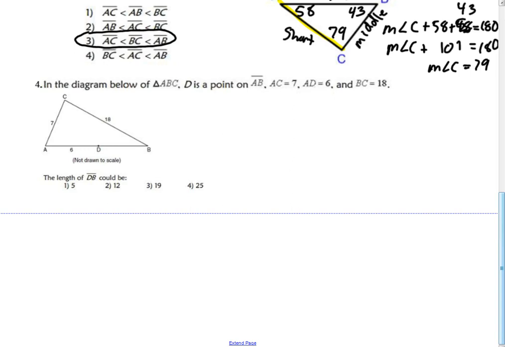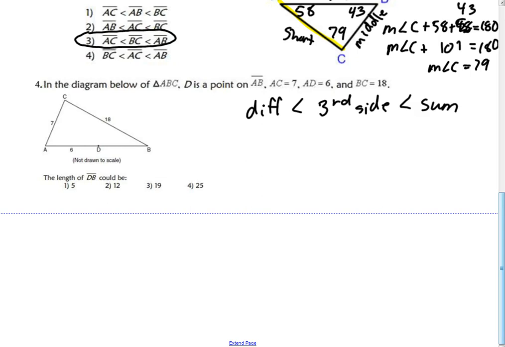In the diagram of triangle ABC, D is a point on AB, AC is 7, AD is 6, and BC is 18. The length of DB could be. What we need to remember is that the third side should be greater than the difference and less than the sum of the other two sides.